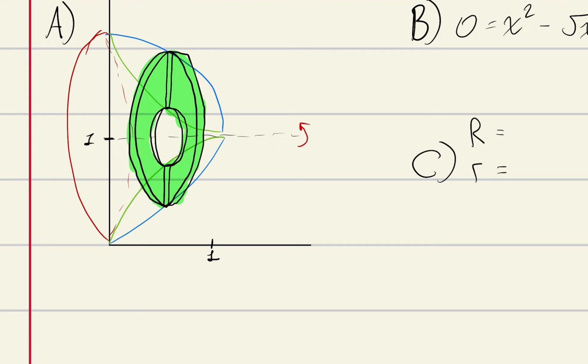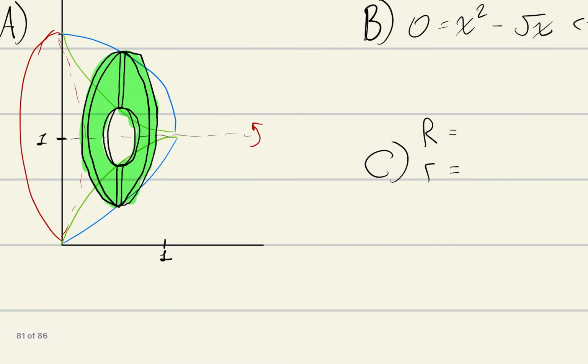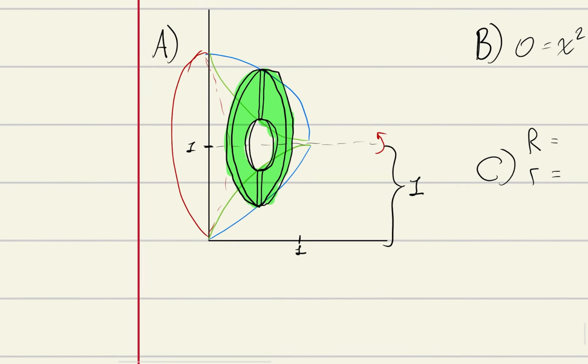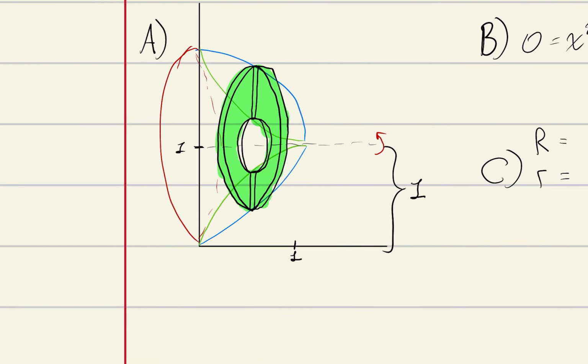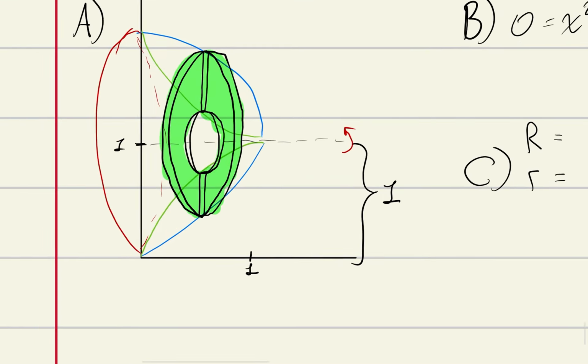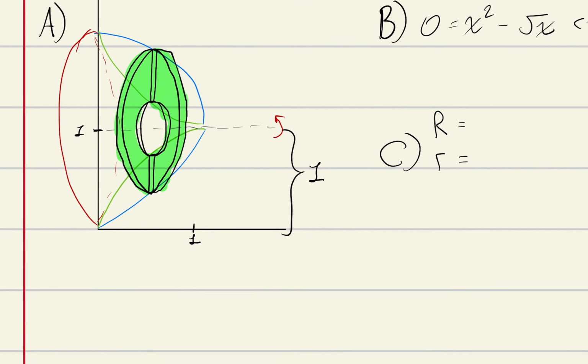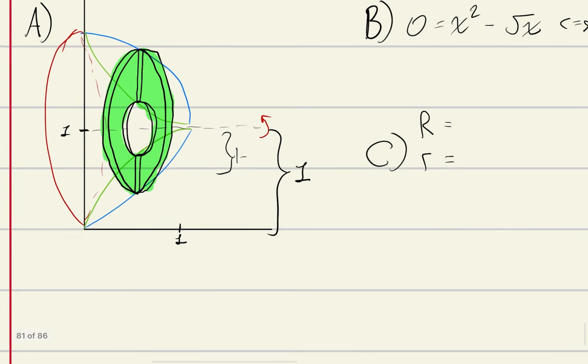All right. So we need to find the radius of these. And we can see from here to here, it's going to be 1 since we rotated from y equals 1. And we can just see that that would be 1 minus x squared.